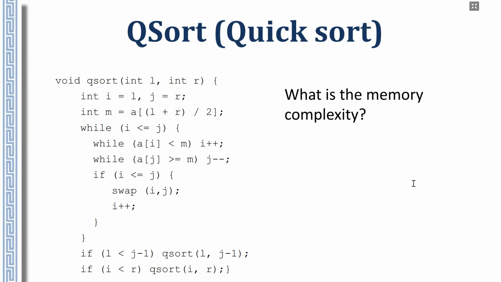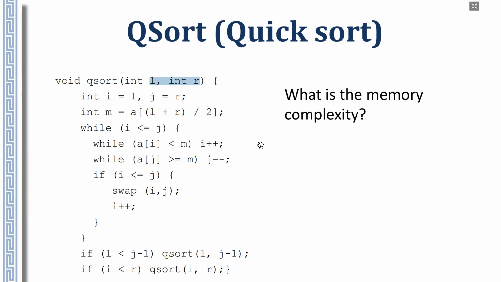Okay. What about memory complexity? Here we use no additional arrays, just constant variables. Maybe you think that the memory is constant, but it is wrong, because we have recursion, and recursion stores all values of local variables, including parameters, on the system stack, and the complexity is the number of local variables times the depth of recursion.